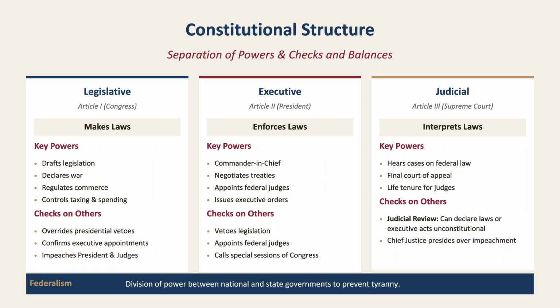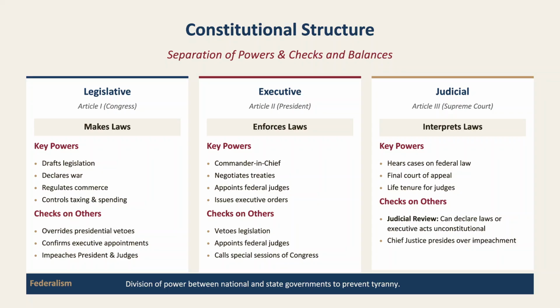The legislative branch, or Congress, was created to make laws. The executive branch, led by the president, was tasked to enforce these laws. And the judicial branch, headed by the Supreme Court, was established to interpret the laws. To prevent any branch from becoming too powerful, they created a system of checks and balances.